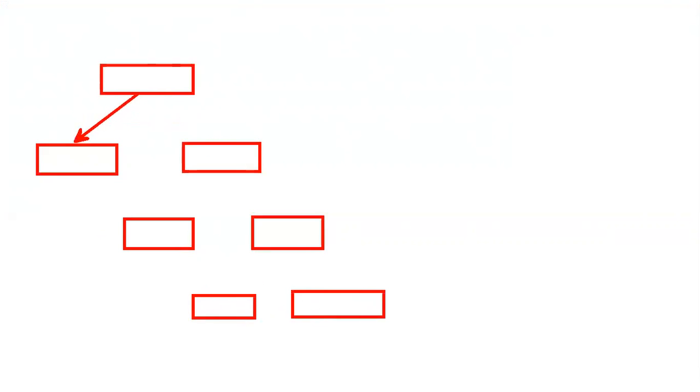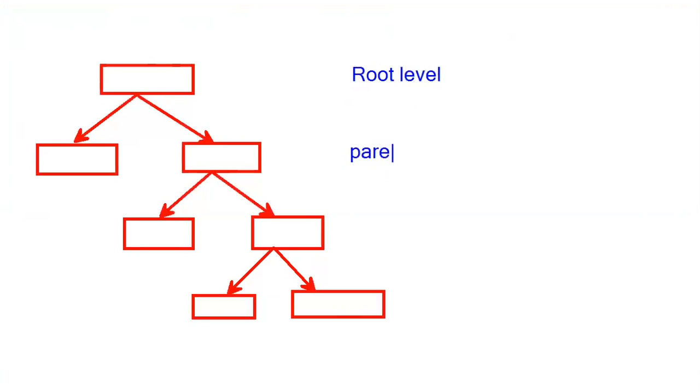From root level to parent level, from parent level to child level, from child level to leaf levels. This is the root level, and these are the parents: parent 1 and parent 2.